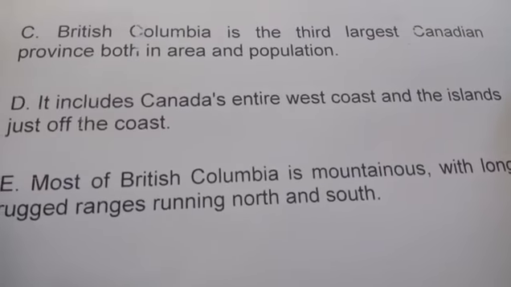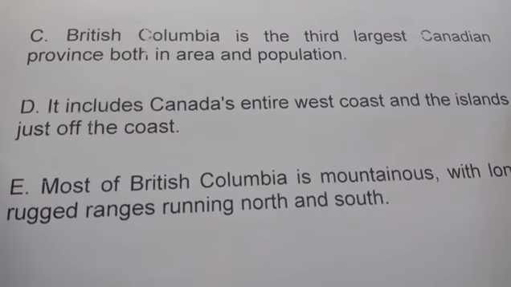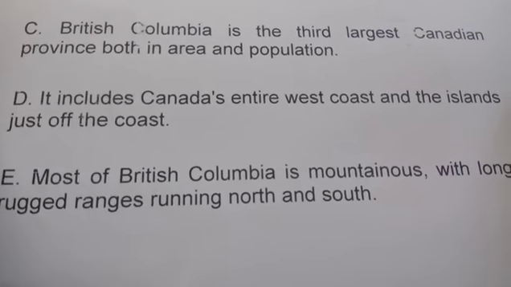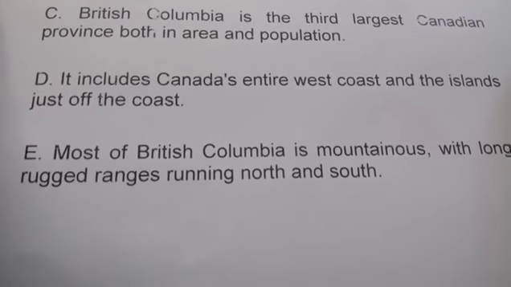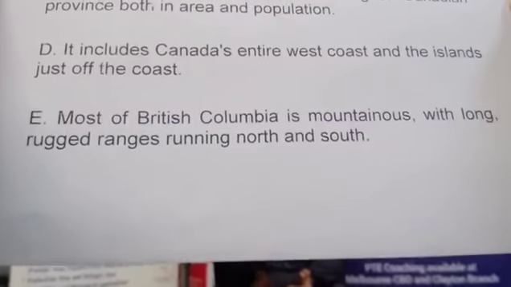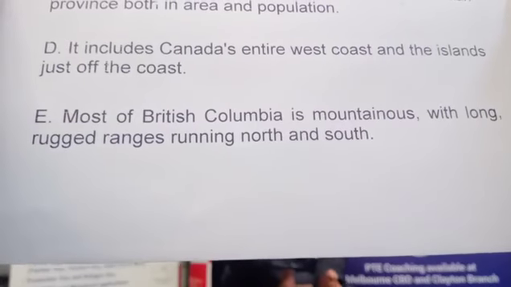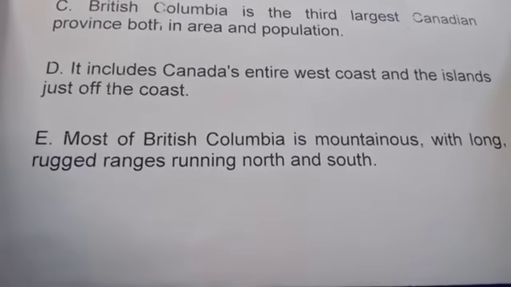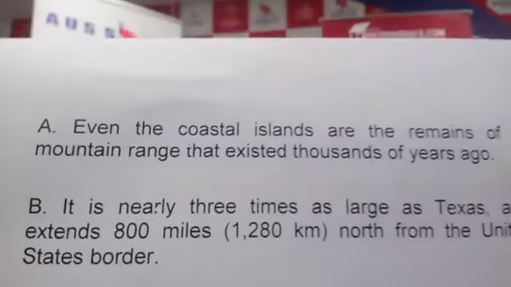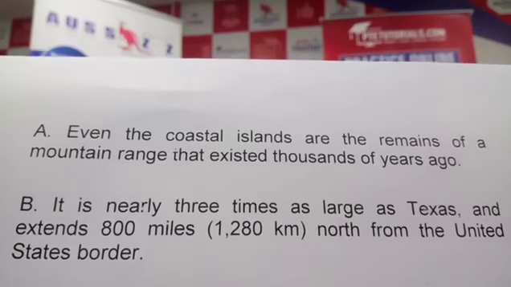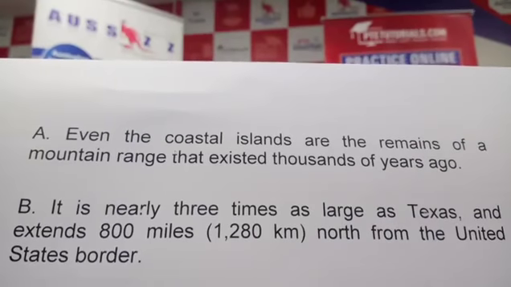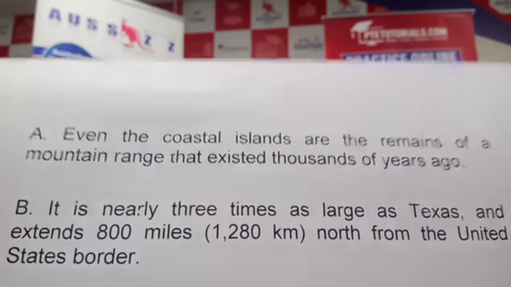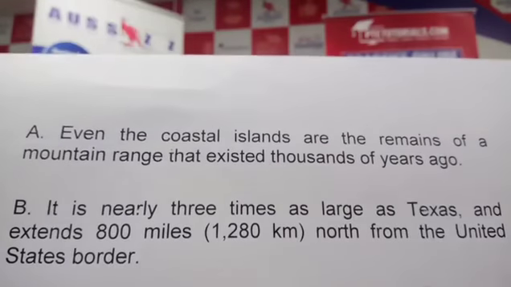Then D, it as in British Columbia includes Canada's entire west coast and the islands just off the coast. Then E, because now it's a further continuation in link with British Columbia. Most of British Columbia is mountainous with long rugged ranges running north and south. And lastly, A, even the coastal islands are the remains of a mountain range that existed thousands of years ago.